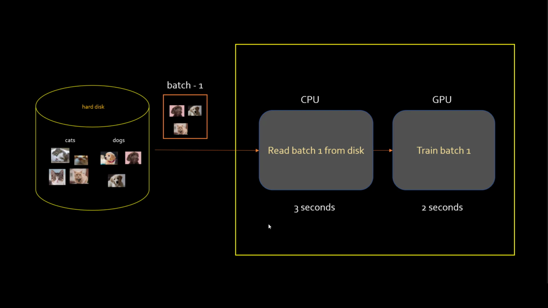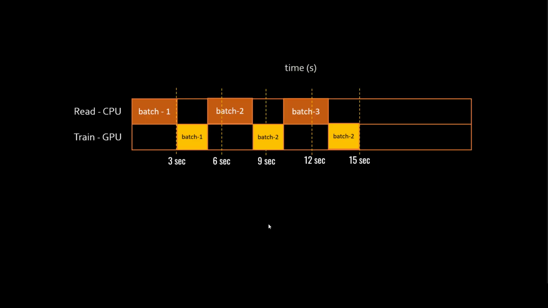So the CPU is reading all these images into memory. It takes, let's say, 3 seconds. Then it gives those images to the GPU for the training. And this is batch 1. Similarly, batch 2 takes the same time. And if I plot a time view of this whole operation, you will get a graph like this.